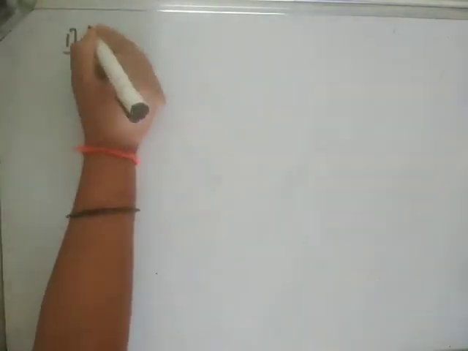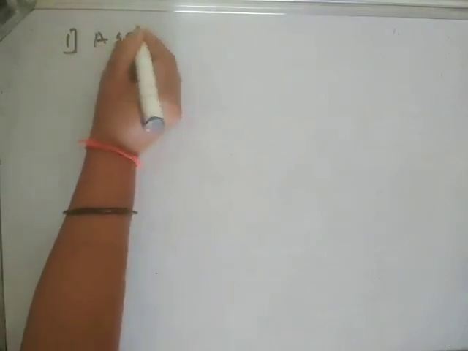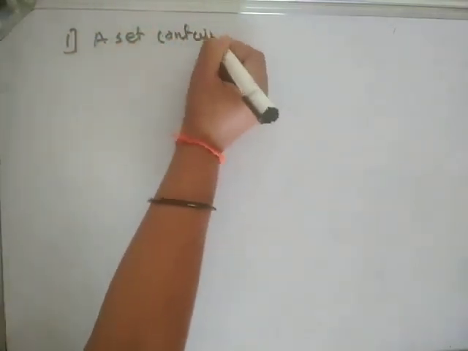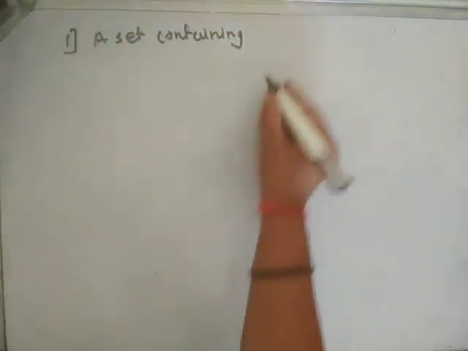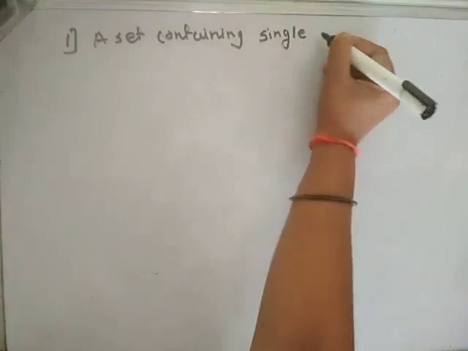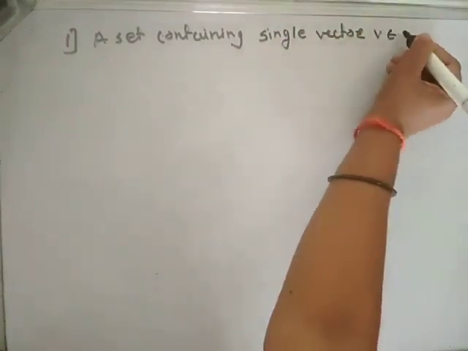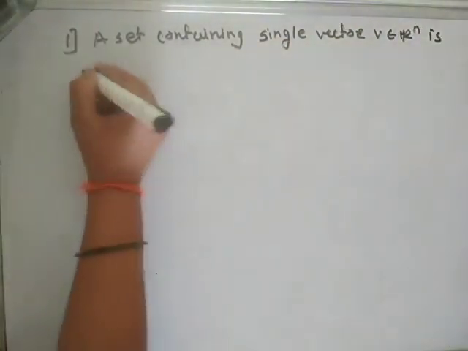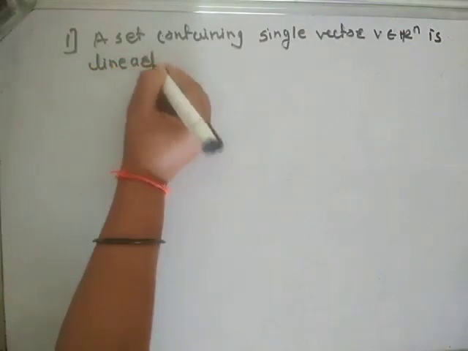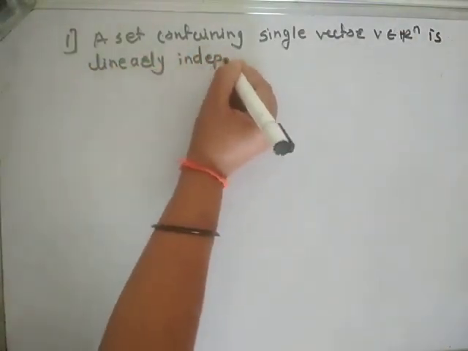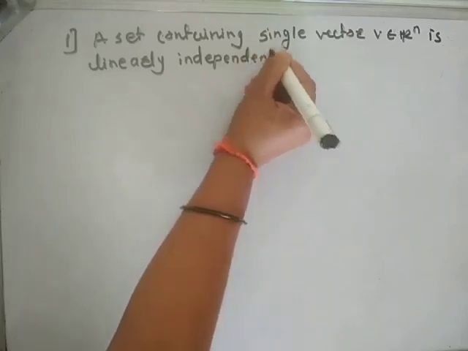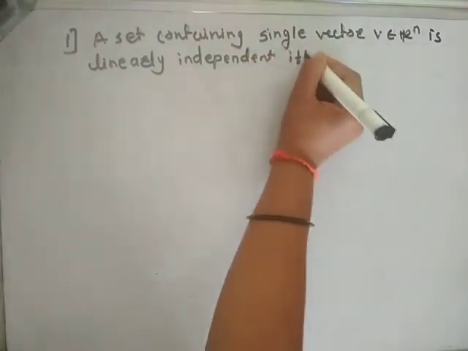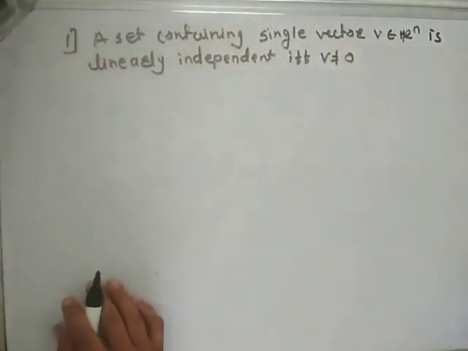Let us write down some useful statements to solve the problem. First is, a set containing a single vector V belonging to Rn is linearly independent if and only if V is not equal to 0.